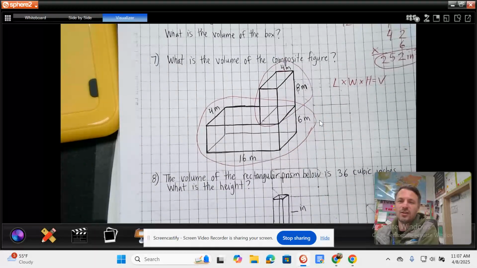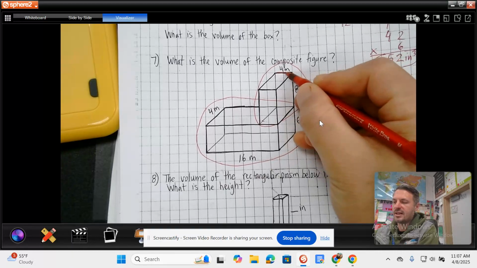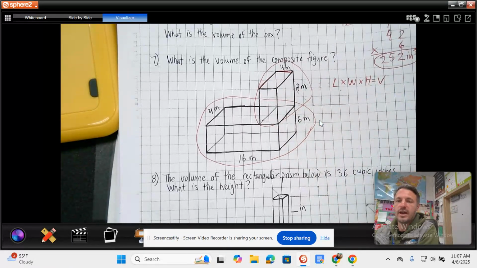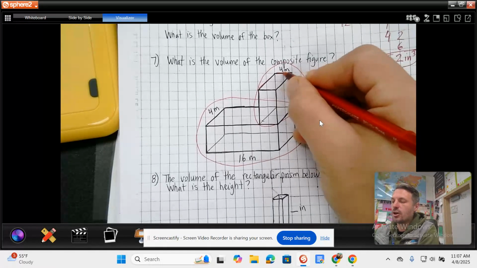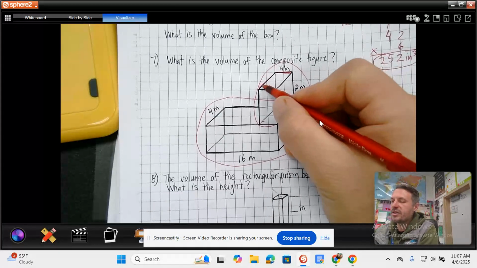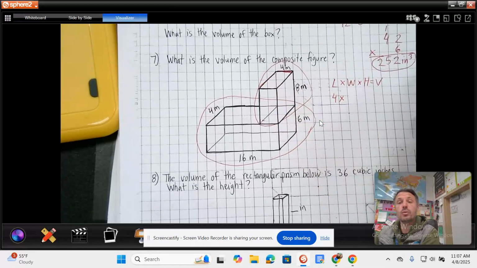Some people might see that as the width, and they might see this as the length. It doesn't matter what order you multiply the numbers in at all. So let's call this the length. We'll say 4. It doesn't give us a number for the width, but can we find that number for the width on a parallel congruent line in the other figure?